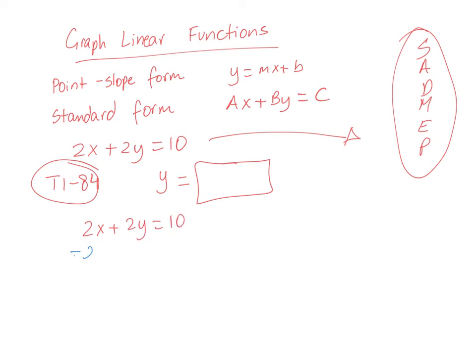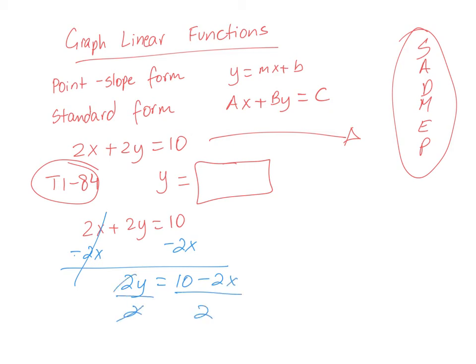Let's subtract 2x. So you get 2y is equal to 10 minus 2x. Then divide by 2, divide everything by 2. So you end up getting y is equal to 5 minus x. If you plug this into your calculator, you'll end up getting a graph like this. This is 5 minus x.